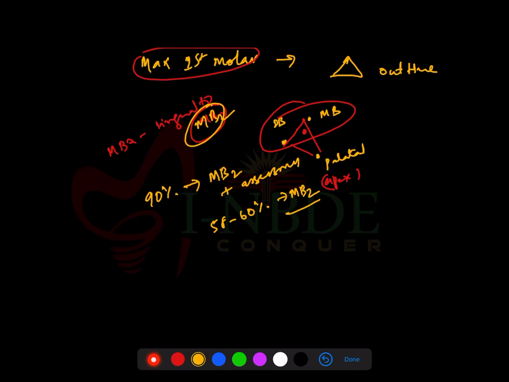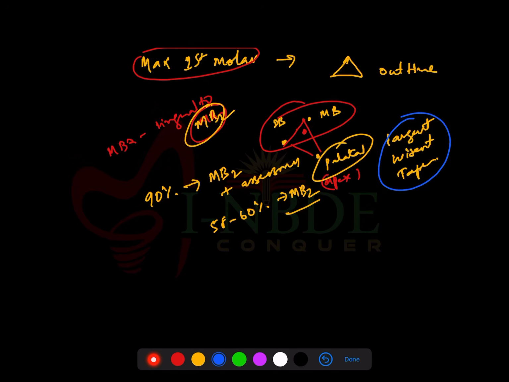Make a note, your palatal canal is the largest and widest canal. It is a well tapered canal you can see in the maxillary first molar. Apart from this, when you want to place a post, there is something called post and core, which we'll be discussing further.